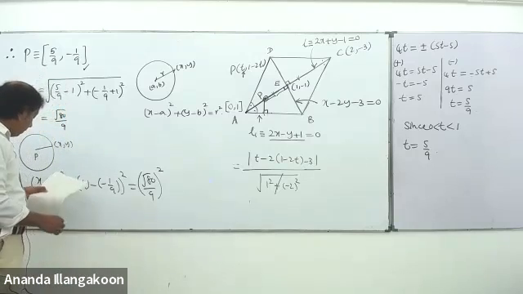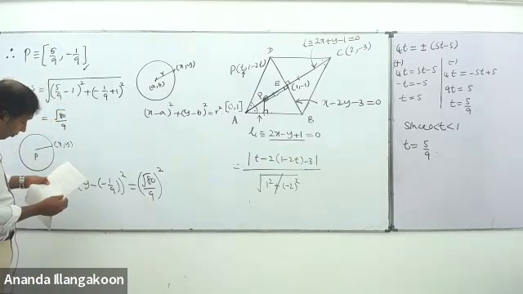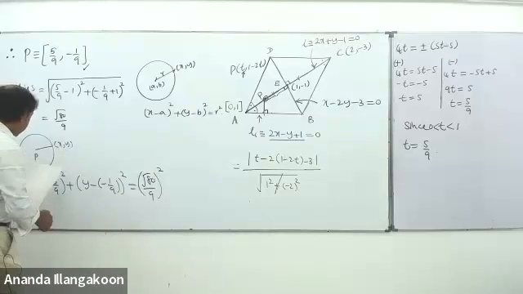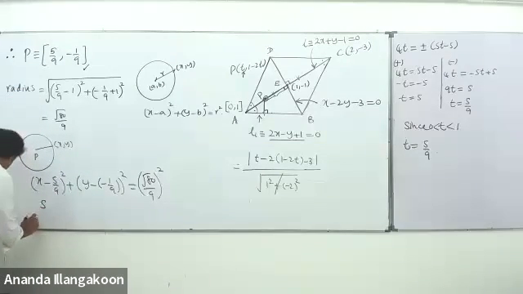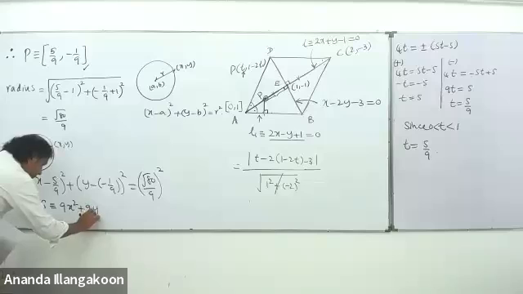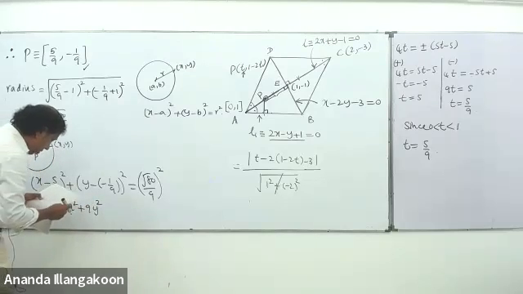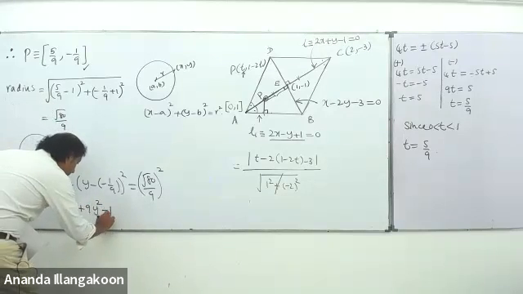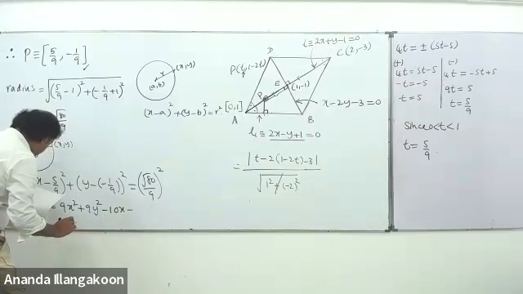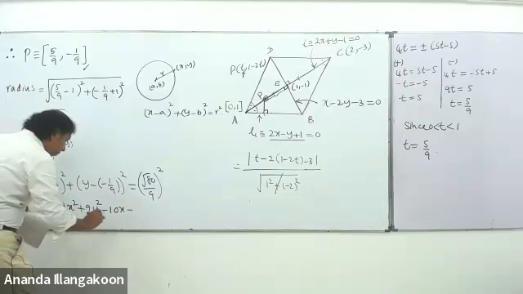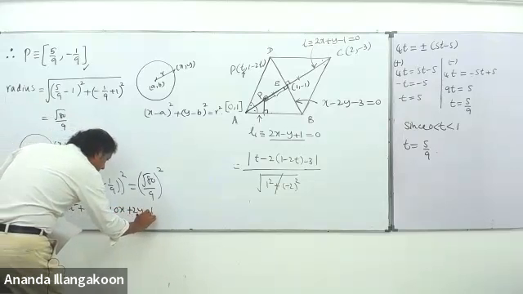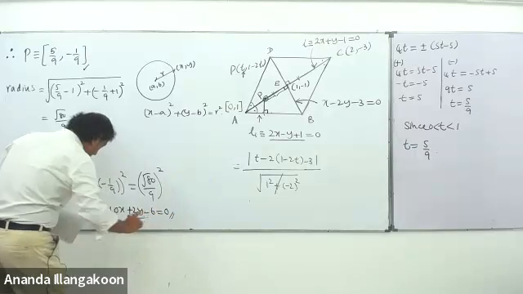The equation of S comes like this: 9x squared plus 9y squared minus 10x plus 2y minus x equals 0. All right.